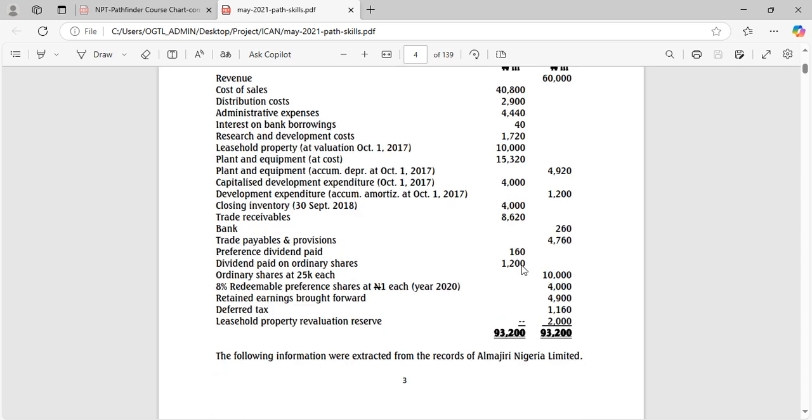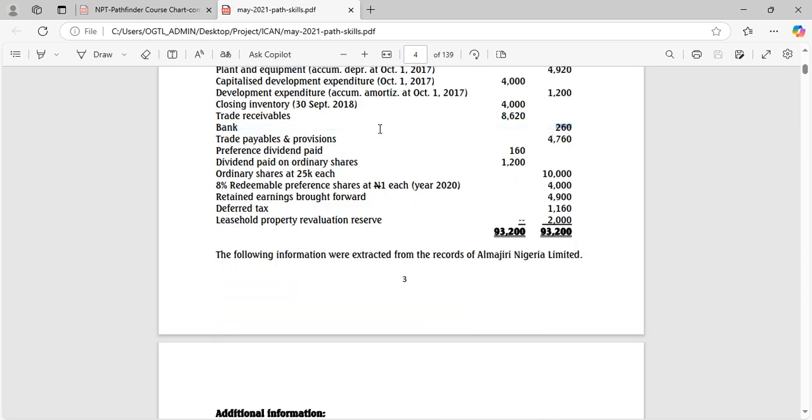A bank that is on the credit side, is it a current asset? No. Is your asset supposed to be on the credit side? No, an asset is supposed to be on the debit side. If you see bank on the credit side, what does it mean? Overdraft.